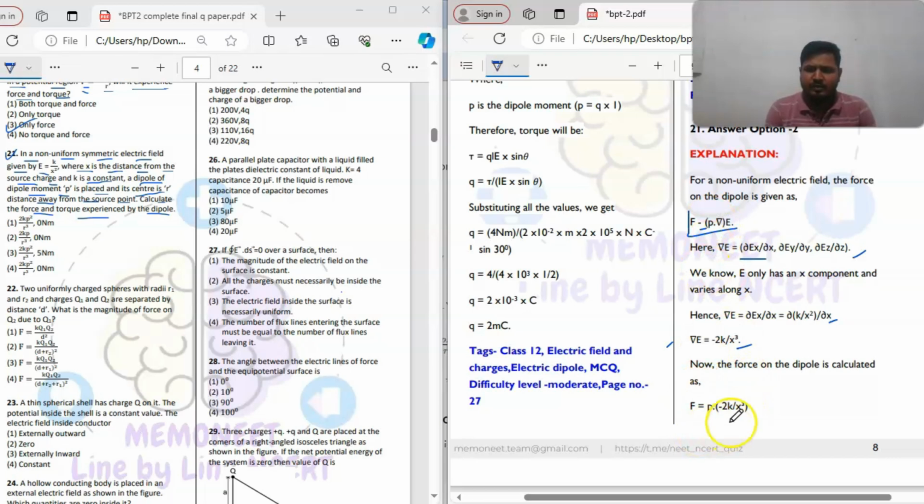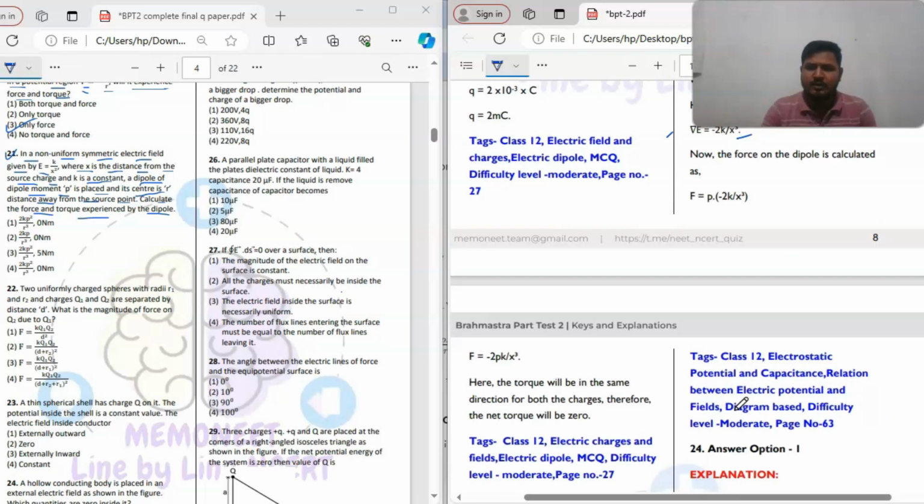Now we have to find the force. So force can be given as F is equal to P times minus 2k by x cube. So there is a force acting on the dipole. Now this is the electric field, and along this direction is the dipole we have placed.